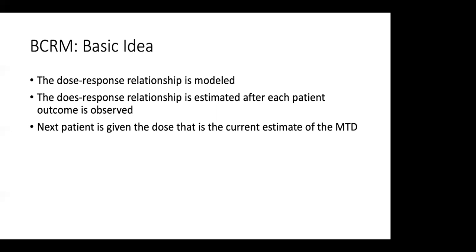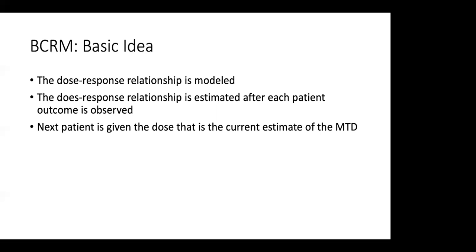In that case, it will lengthen the trial. If every patient needs to wait for 2 weeks until we can assign them to the next dose level, logistically this is not ideal.